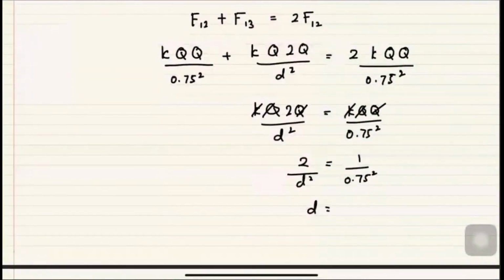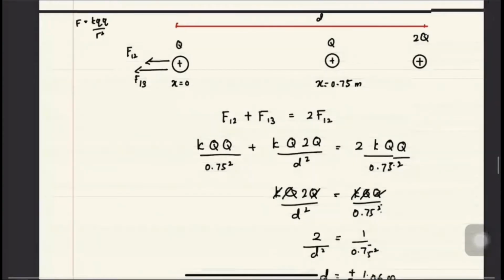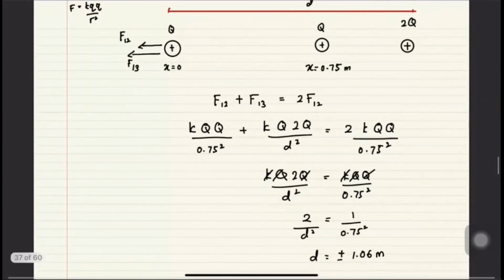So if I solve for d here, I will get d equals plus or minus 1.06. You can press your calculator, you should get this answer. Okay, and the plus or minus indicates the direction actually. But if I want the net force to be in the same direction, then it will be in that direction.